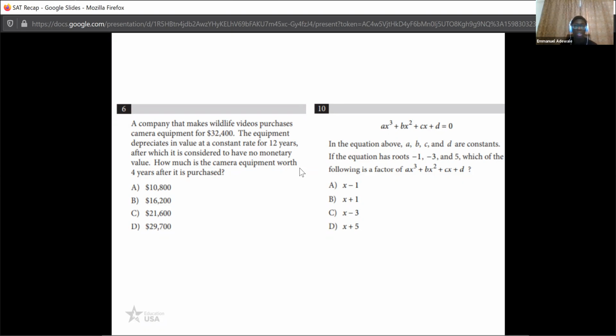Choice A gives us how much we're going to take away from 32,400. Oh yeah, you're right. Yeah, sorry. But oh no, you're fine.